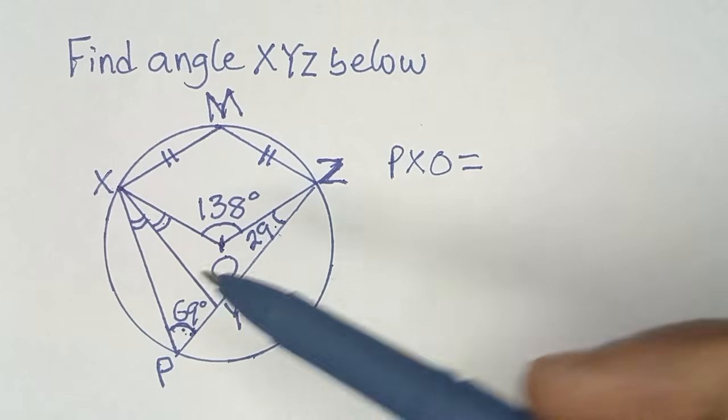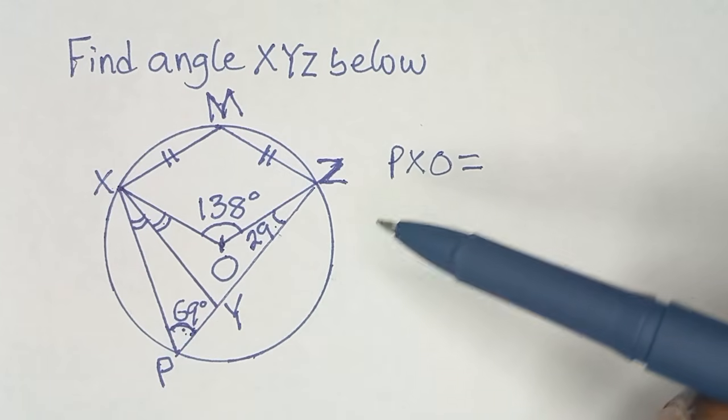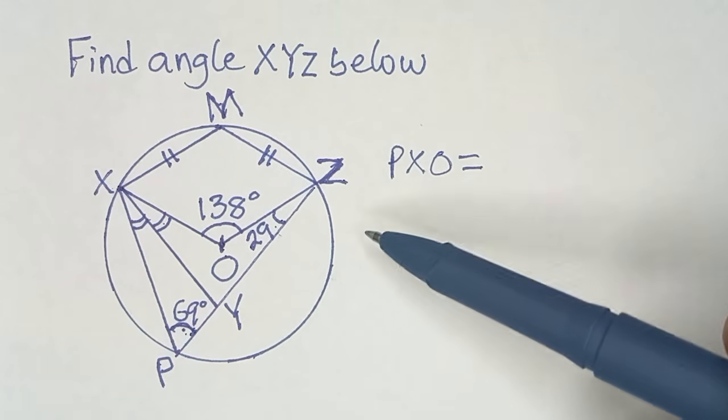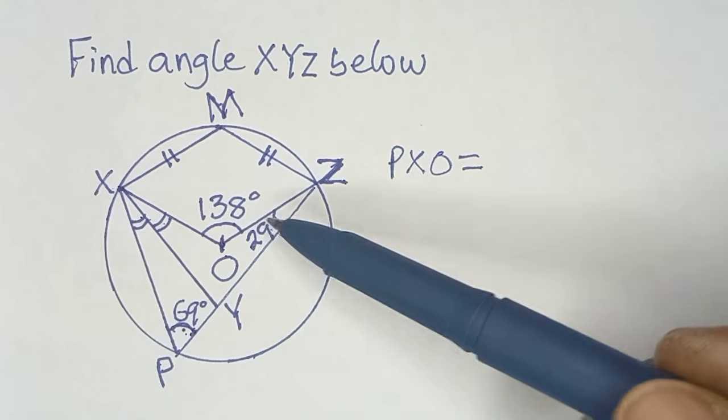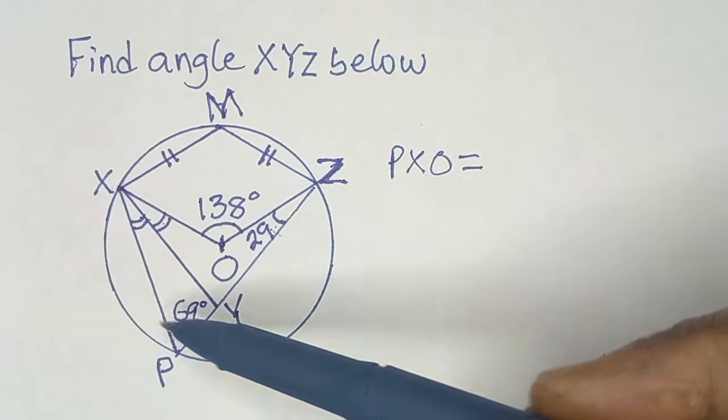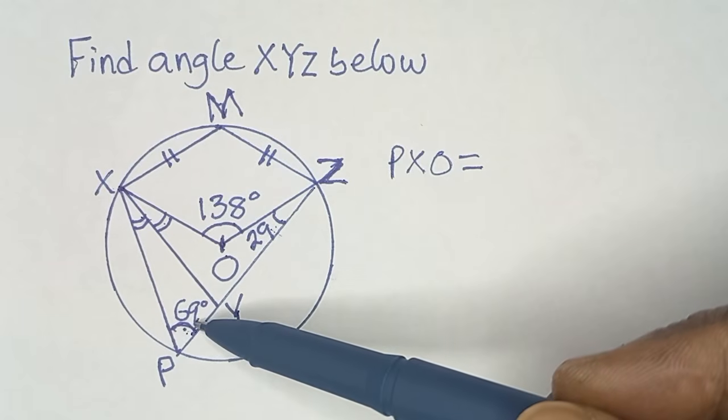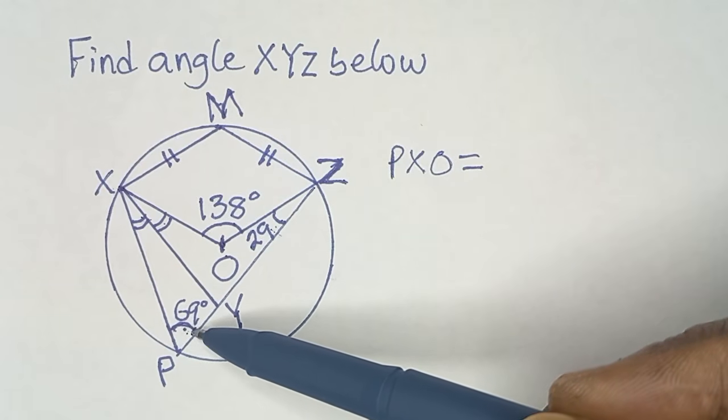And the rule is that the sum of adjacent base angles of two isosceles triangles at this end add up and give you this 69.